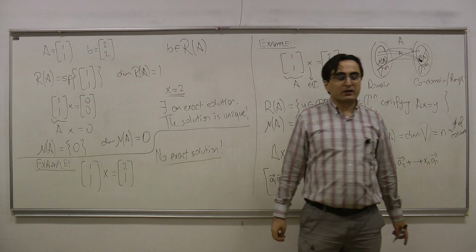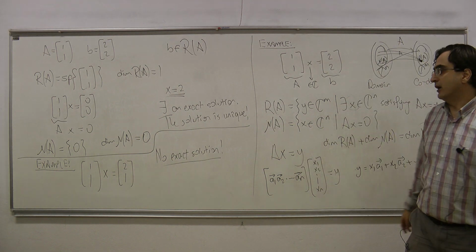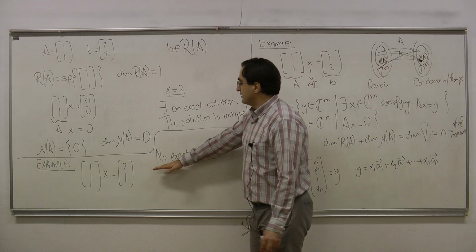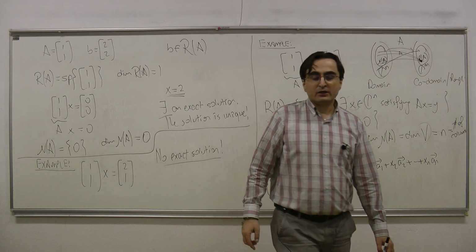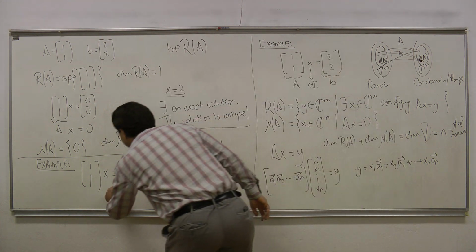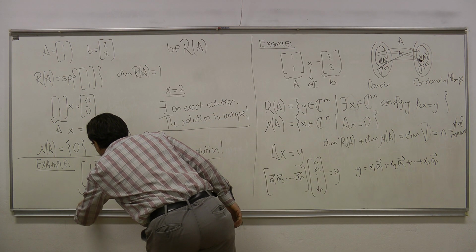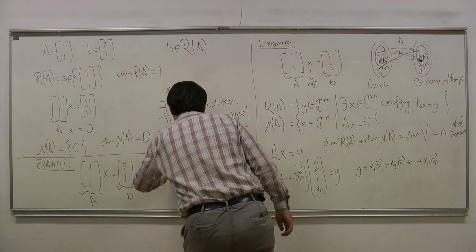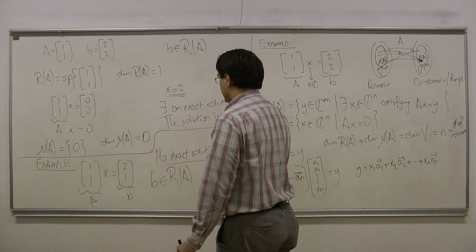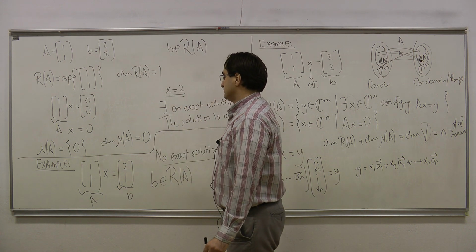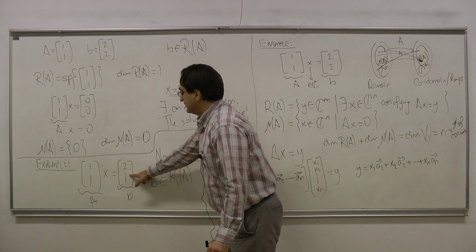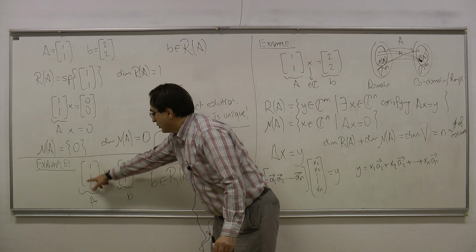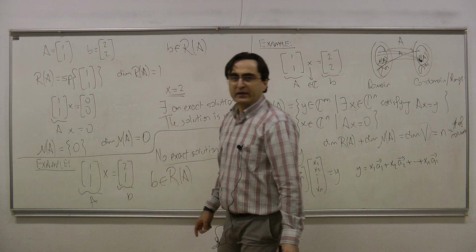What about the uniqueness? We will come to that later. But let us investigate this second equation. In this case, this is my b, and this is our A. Can I say that b is inside the range space of A? This 2, 1 vector, can I write it as a linear combination of the columns of A?